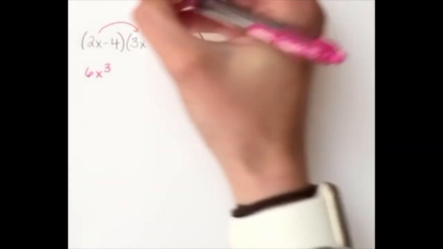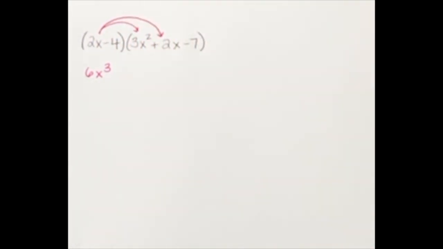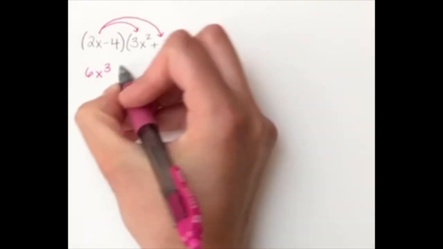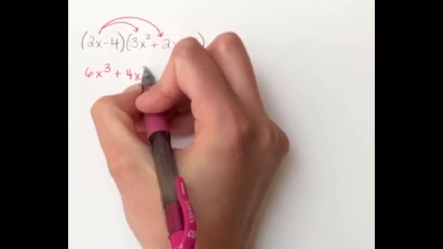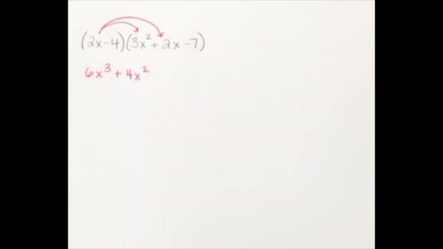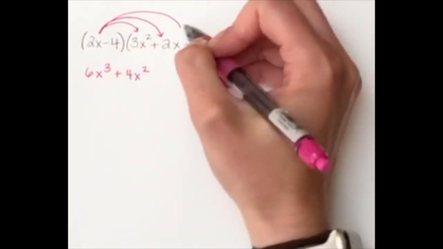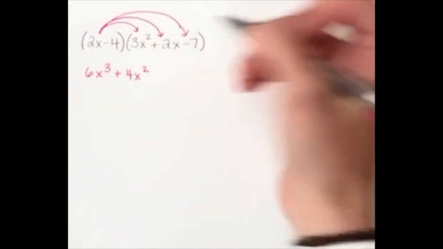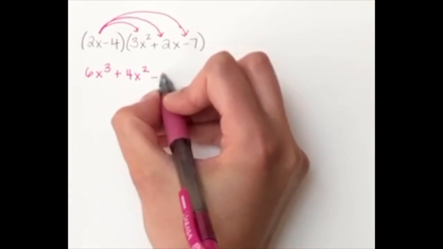Next, I'm going to take 2x, and I'm going to distribute it to the 2x over here. 2x times a positive 2x is a positive 4x squared, remembering our exponents there. And finally, I'm going to take the 2x and distribute it to my last term, which is negative 7. 2x times negative 7 is a negative 14.